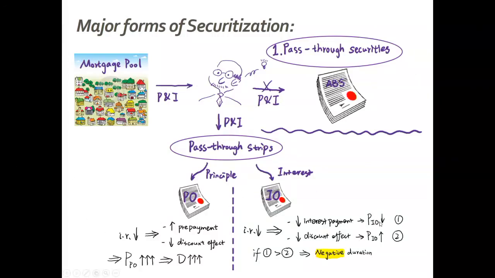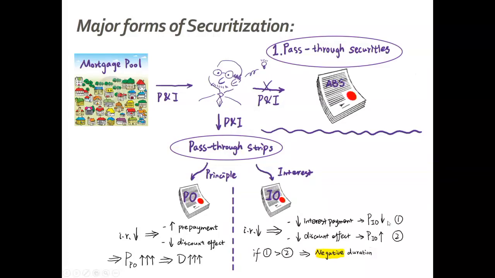But remember, when we calculate price, we do present value of future cash flows, which means at lower discount rates, price actually goes up. So in this case, the two effects work in opposite directions in terms of how they affect the price of the IO strip.